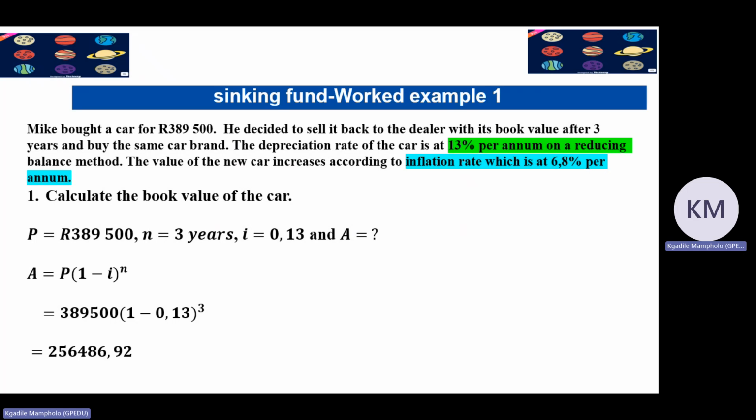It means when Mike sells his car, it will be worth 256,486 rand 92 cents at the time he sells it. Then that's the book value of the car. It means he sells the car within its lifespan.